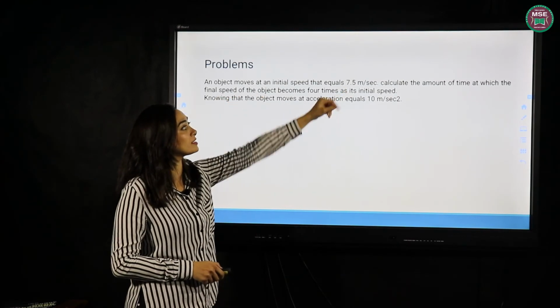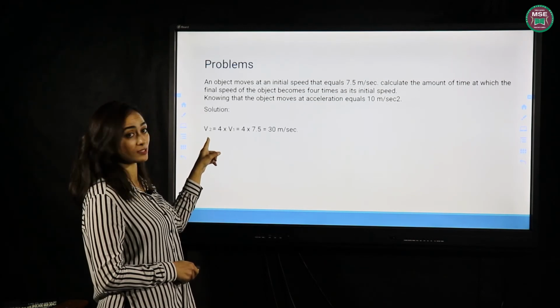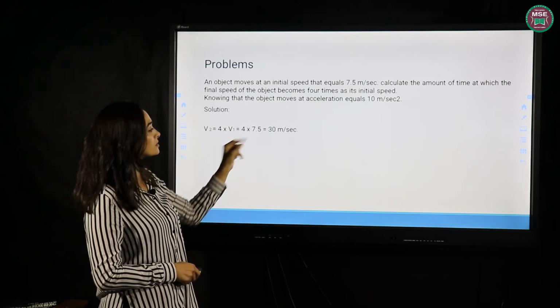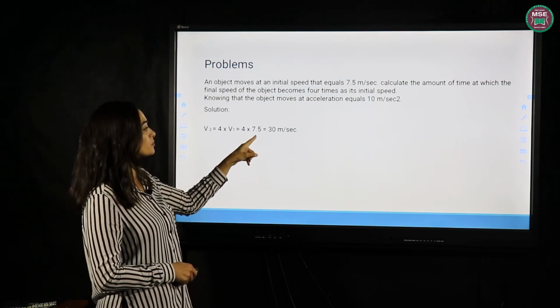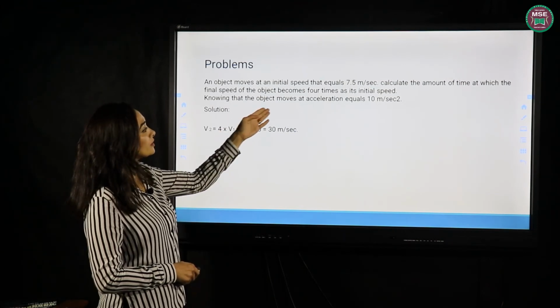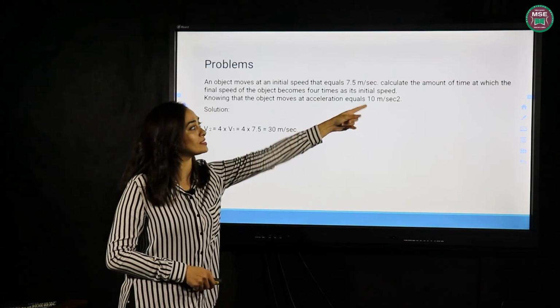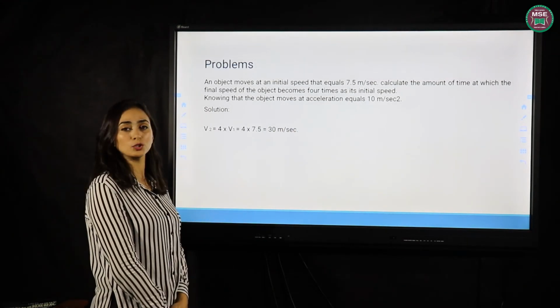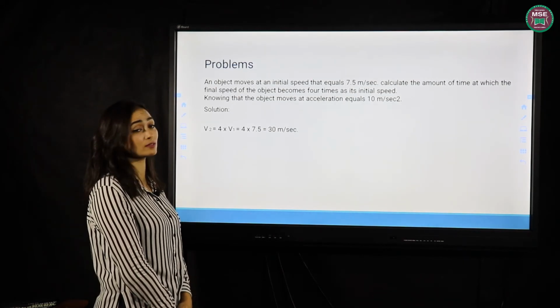Its initial speed is 7.5. So V2, the final speed, equals 4 times 7.5, the initial speed, which equals 30 meter per second. And the object moves with an acceleration equal to 10 meter per second square. We have to get time.